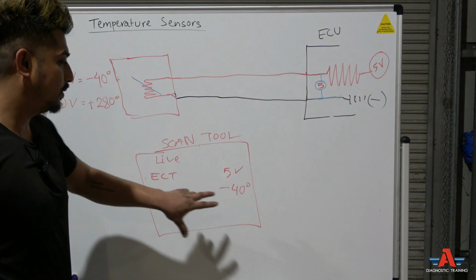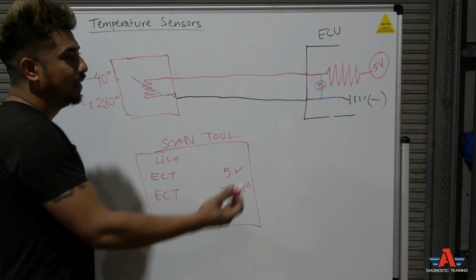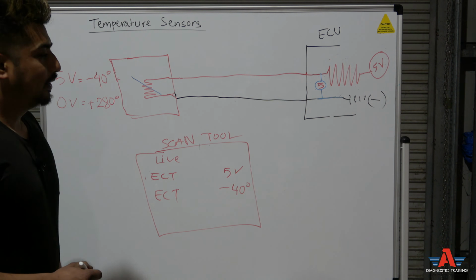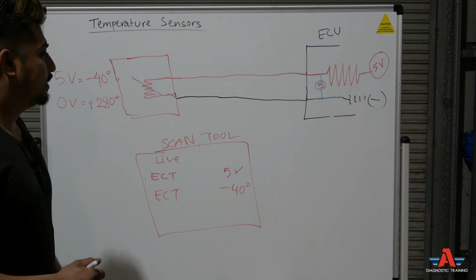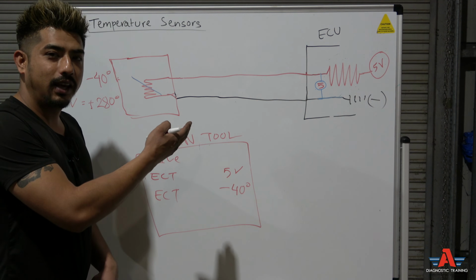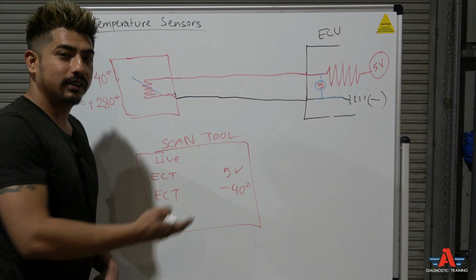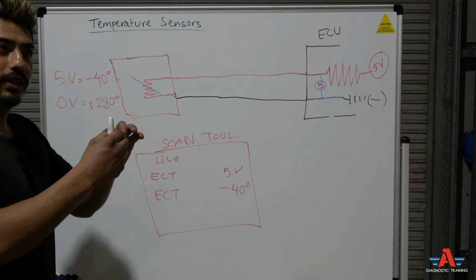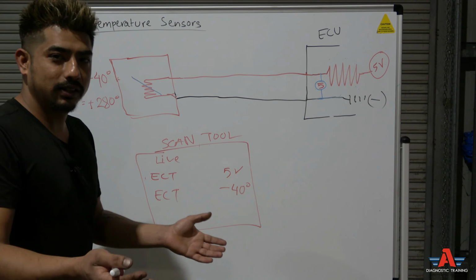That's what you see on the live data. So if you see 5 volt, more than likely the problem is an open circuit.